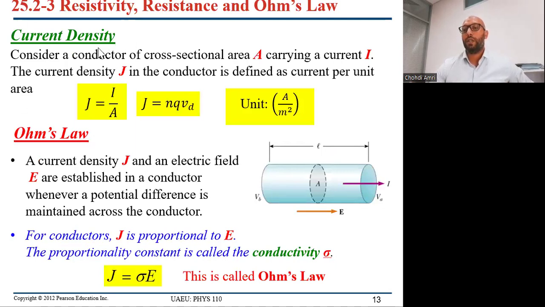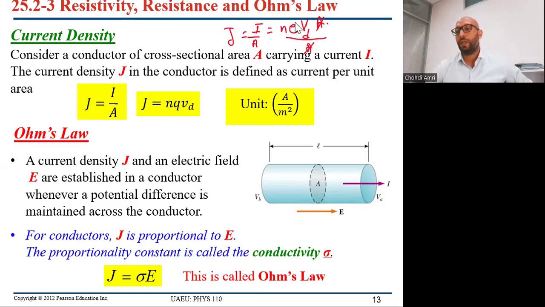Now we move to the current density. We consider a conductor of cross-sectional area A carrying a current I. The current density J in the conductor is defined as the current per unit area. So J is equal to I divided by A. I, in the previous slides, is equal to N E V_D A. If we divide by A, we will get the density, and on the right side we also divide by A and cancel this A. So J is equal to N E V_D.